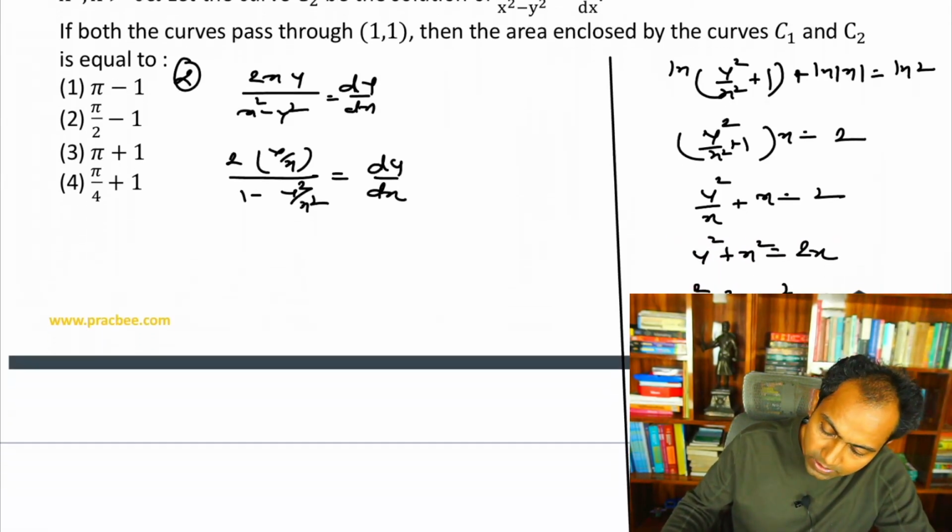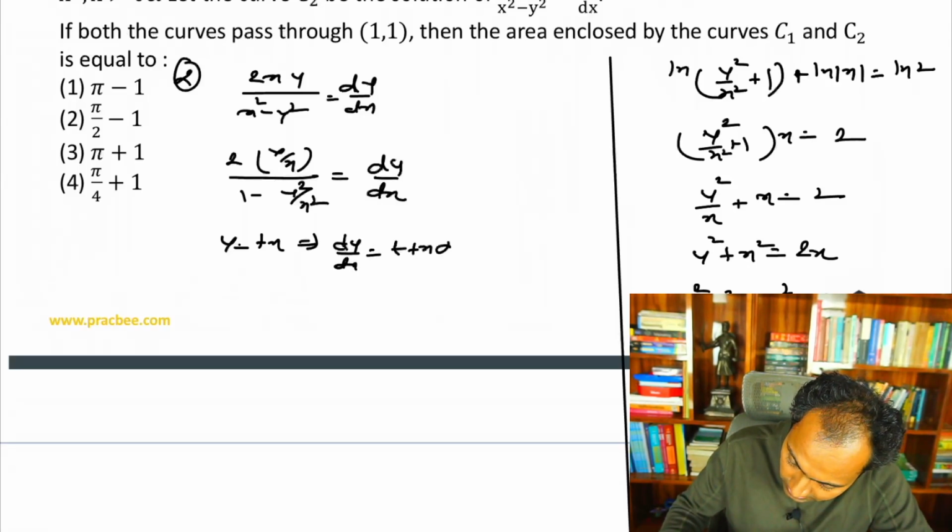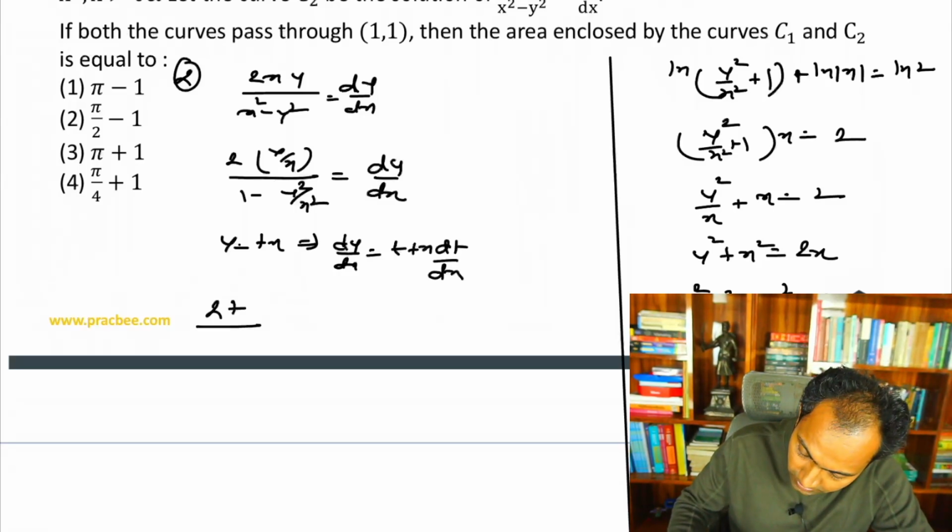And in this part, what we can do next is simply put y as tx, and this we did earlier also. Dy by dx would be equal to t plus x dt by dx. If I simplify, this is 2t by 1 minus t square. This will be t plus x dt by dx.